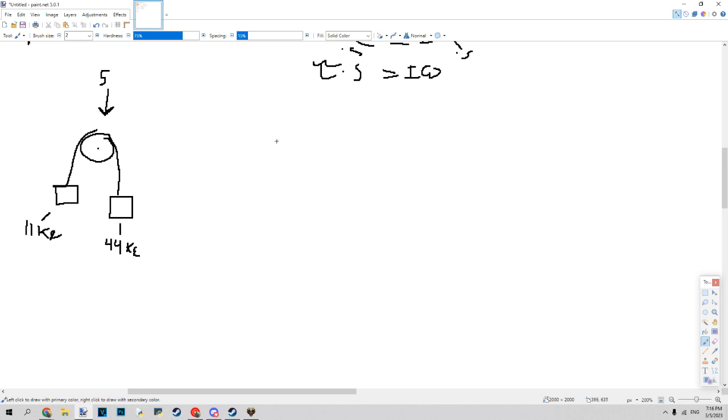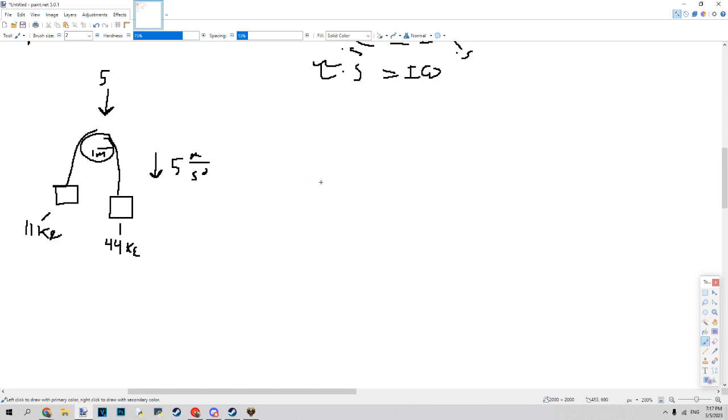Let's pretend that we also notice that the system, as of right now, is accelerating linearly right here at 5 meters per second squared. And let's also say that the radius of the pulley is just 1 meter.